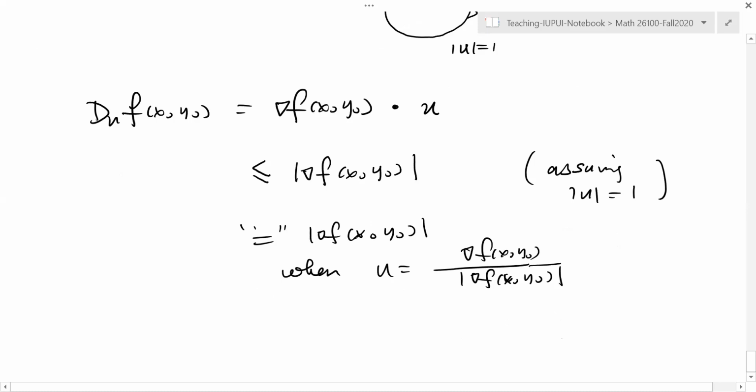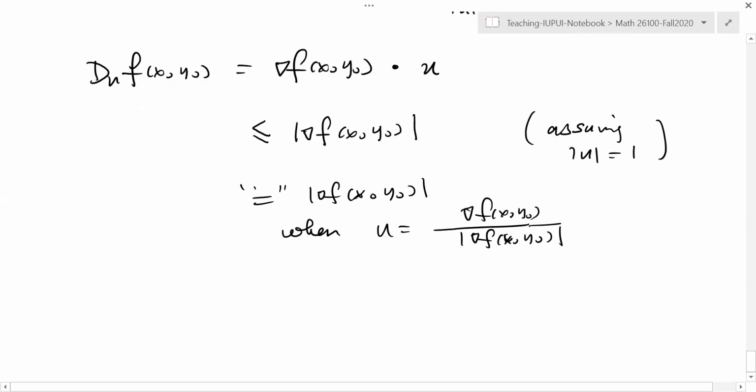So let's solve a problem from the book. We just want to know in which direction the derivative has maximum value. When we say direction, we usually mean a unit vector.